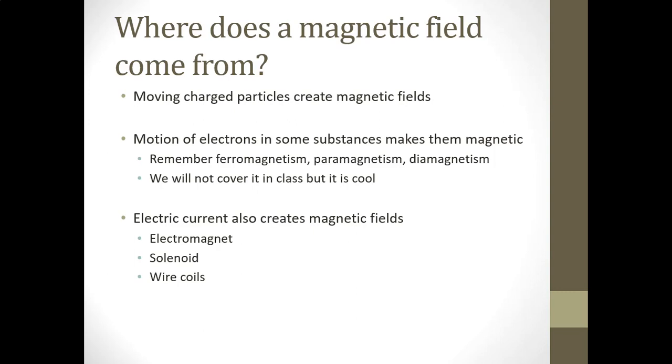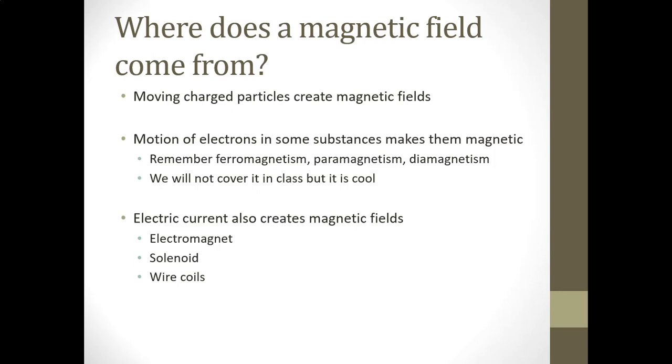Now, we won't cover this in class. I've occasionally, when I taught chemistry or AP chemistry, covered how you can predict whether a pure element is going to be diamagnetic, paramagnetic, or ferromagnetic. There are some ways to do that. But if you're interested, look it up.